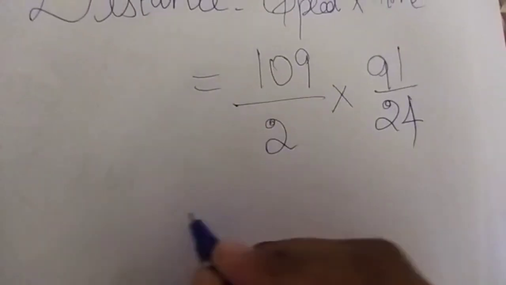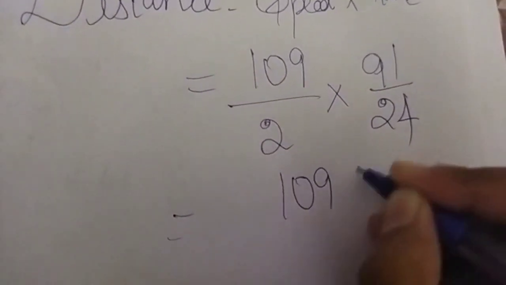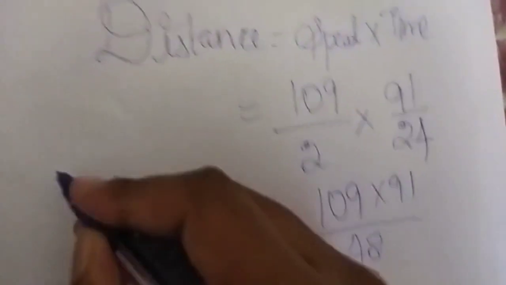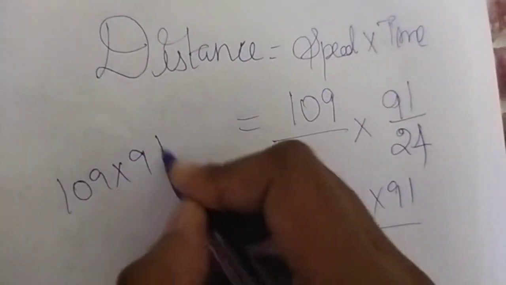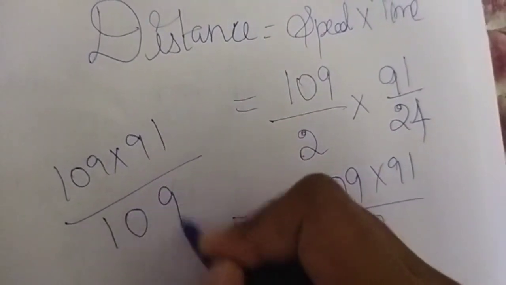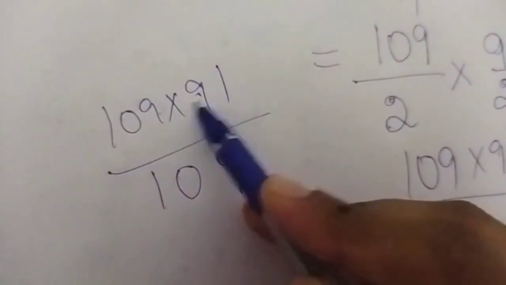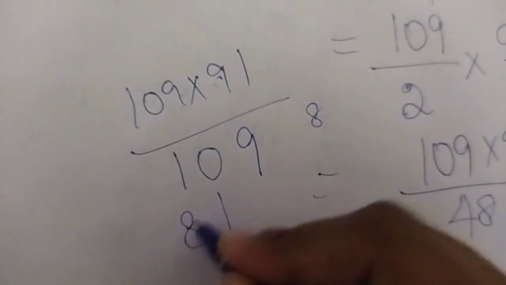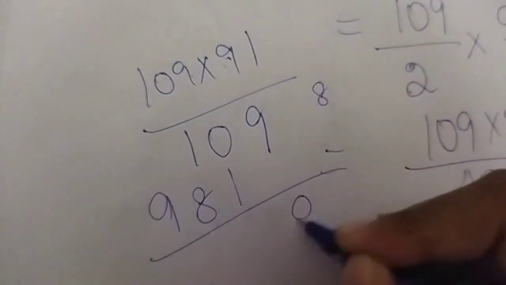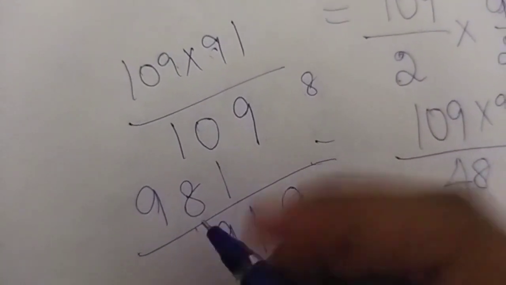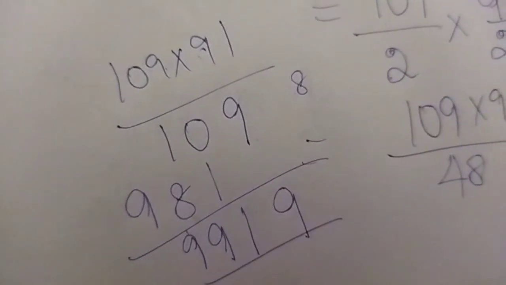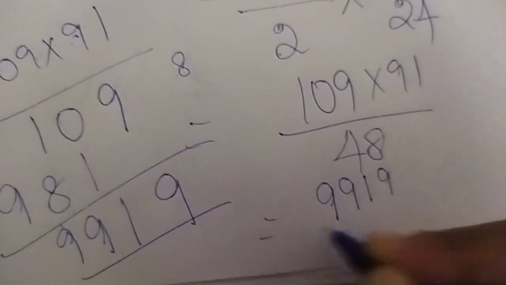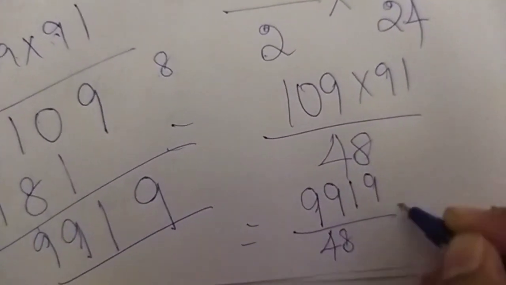If we multiply, 109 into 91 divided by 2 into 24, 48. 109 into 91, 9 9s are 81, balance 8. 9 zeros are 0 plus 8, 8. 9 1s are 9. 9919. 9919 divided by 48 kilometers.